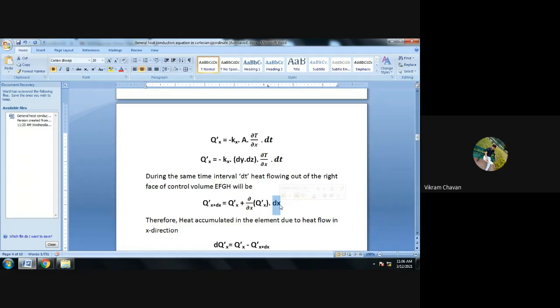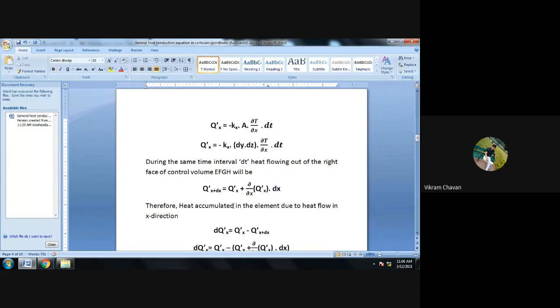Then further we have to find out the net heat accumulated. Okay, net heat accumulated means what? How much heat has entered the element and how much heat is leaving. The difference between these two will provide you the net heat accumulated inside the element.